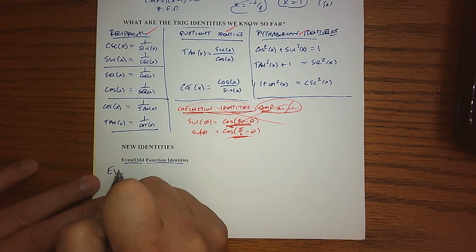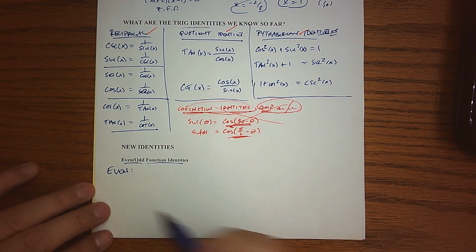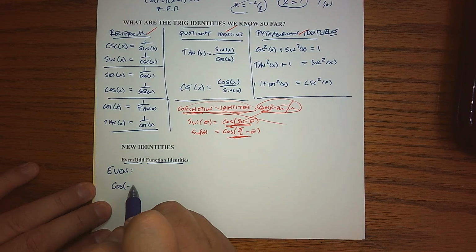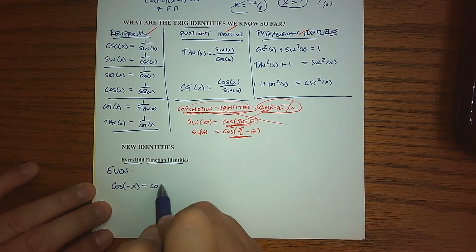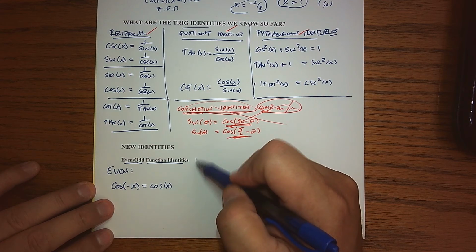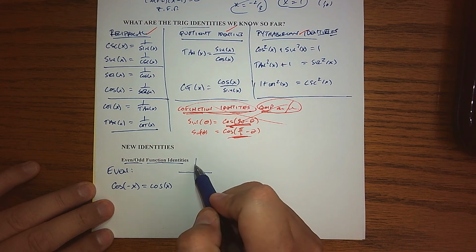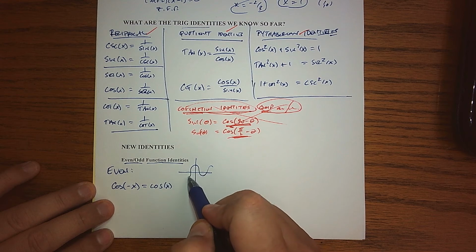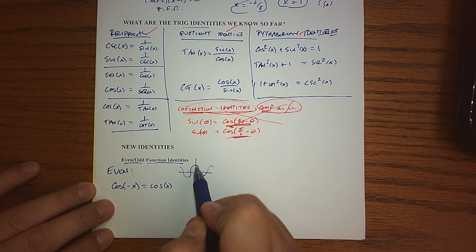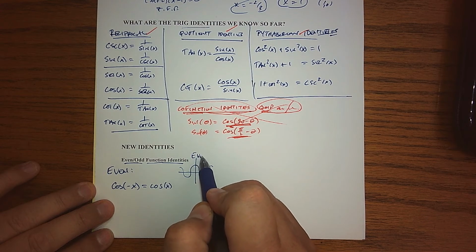Let's do the even ones first. Recall back in graphing, what we found is that the cosine function was what we call even, meaning that its graph, when we graphed cosine, and here's a really rough sketch of it, was symmetric about the y-axis. This is a classic case of an even function.